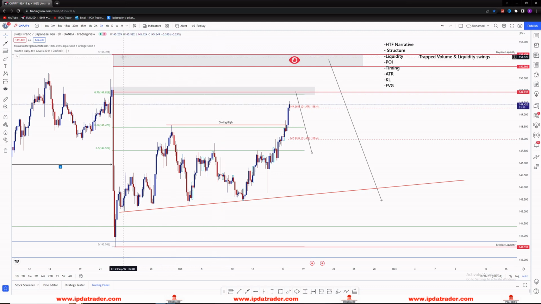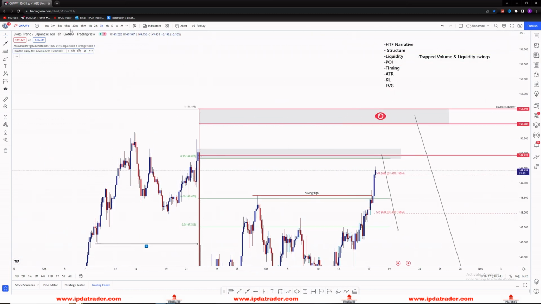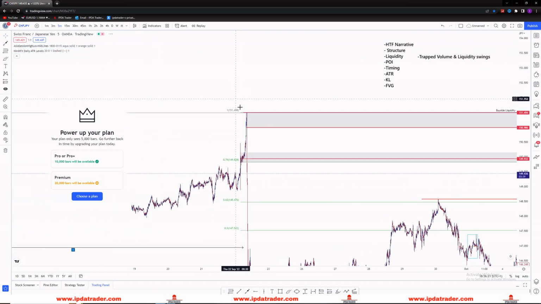I'm also acknowledging the idea that price could trade into this lower time frame breaker with the focus on 149.932 as a potential pullback area to go short. At the same time, I'm also interested in the origin block to look for a short opportunity, even if we don't clear the swing low.